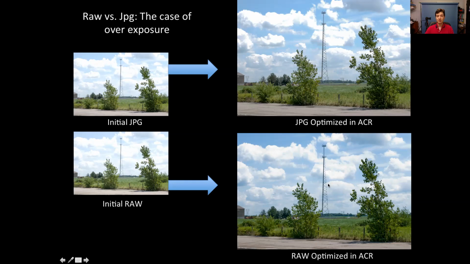You almost can't tell that it was overexposed. But up here in the JPEG, there are large areas of the cloud that are just pure white. There's no information there, and because the image was processed in the camera and those settings were baked into that overexposed file, Adobe Camera Raw or anything else really can't pull out any detail there. So that's a really great reason right there to use RAW all the time.